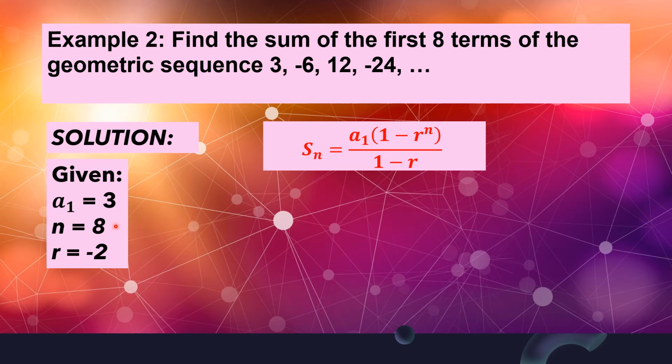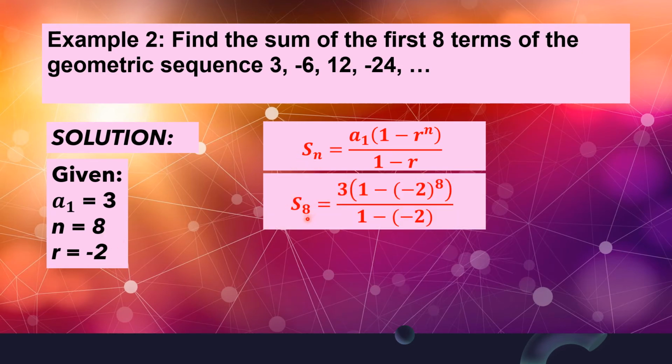So just substitute all the givens in the formula. Our n here is 8. So S sub 8, because we are finding the sum of the first 8 terms. A sub 1 is 3 times the quantity 1 minus r.